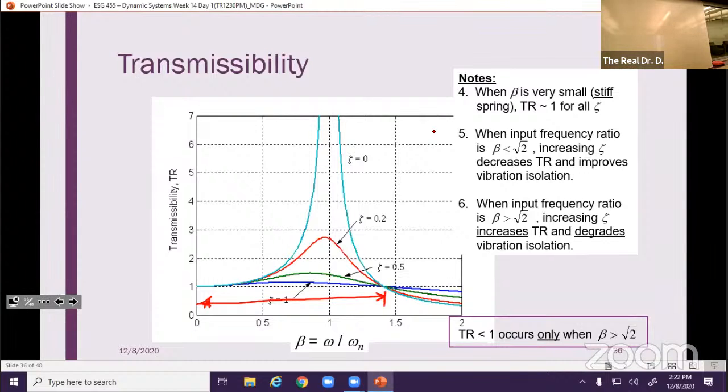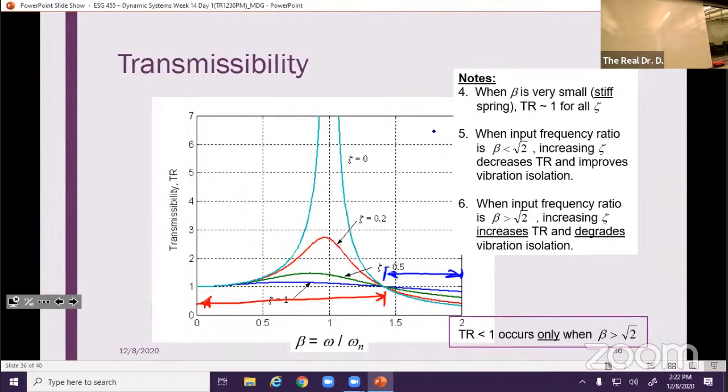When the input frequency beta is greater than root 2, so the right-hand side here, shown with this blue line, from here to here, this region, greater than root 2, increasing zeta degrades vibration isolation. So the trend reverses at this point.